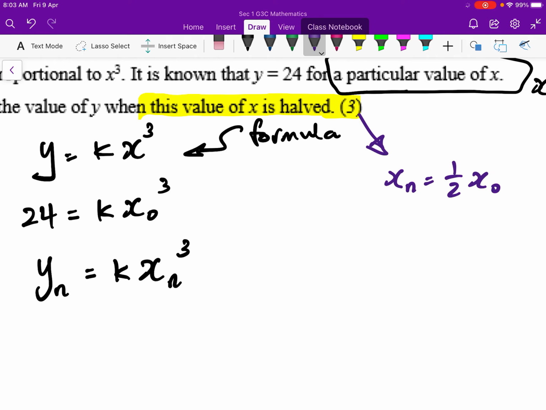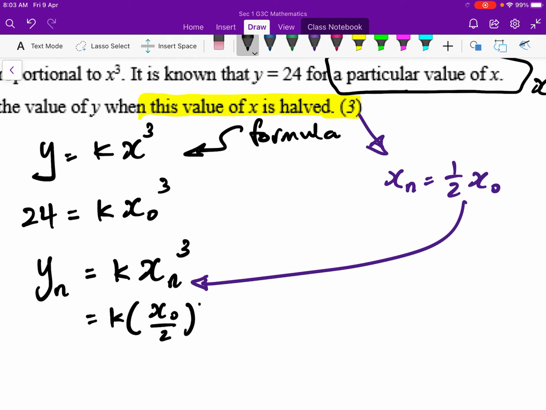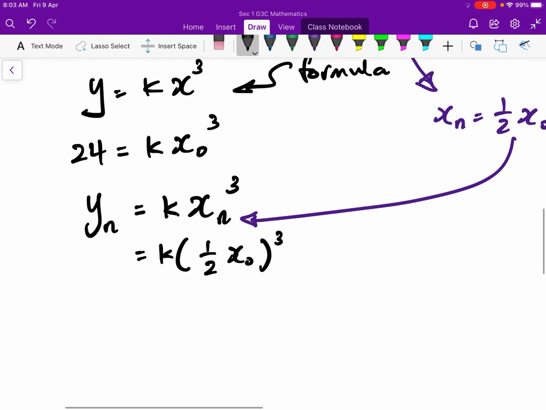And now I can substitute that inside here, giving me k times (x0 over 2) power 3. Or you can write it as k times (half x0) power 3. And then you should realize that we have to expand: k times 1 over 8, because half to the power 3 is half times half times half, which gives us 1 over 8.